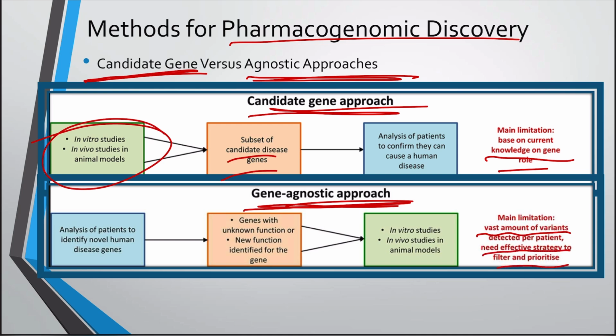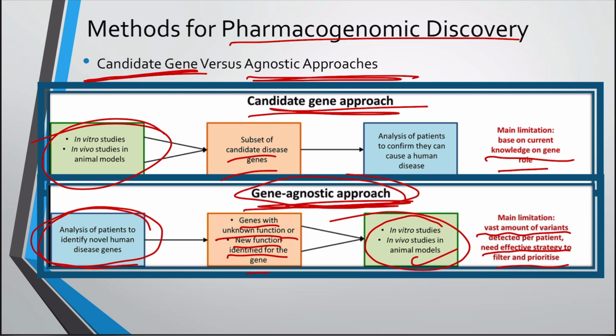First we analyze the patients to identify novel human disease genes, then genes with unknown function or a new function identified for a particular gene are studied in in vitro studies and in vivo studies in animal models. So the gene agnostic approach is totally opposite of the candidate gene approach.